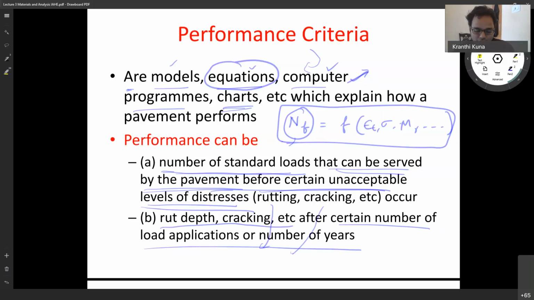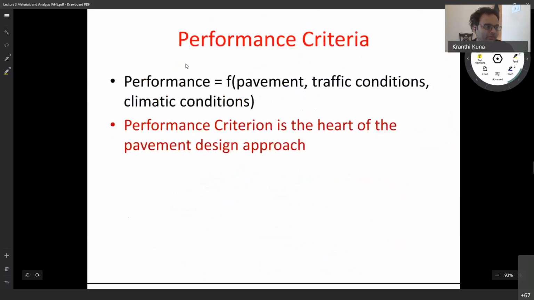Those performance criteria have a similar function, but instead of 20 mm, the function of strains or stresses or MR gives as the output, the dependent variable, the rut depth after 10 years or a rut depth after 50 years. Such models will also be there. I'll give you examples of each later.